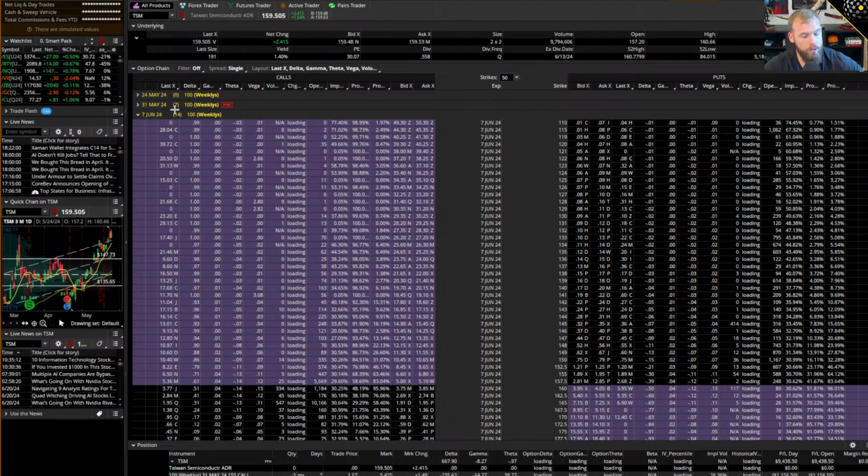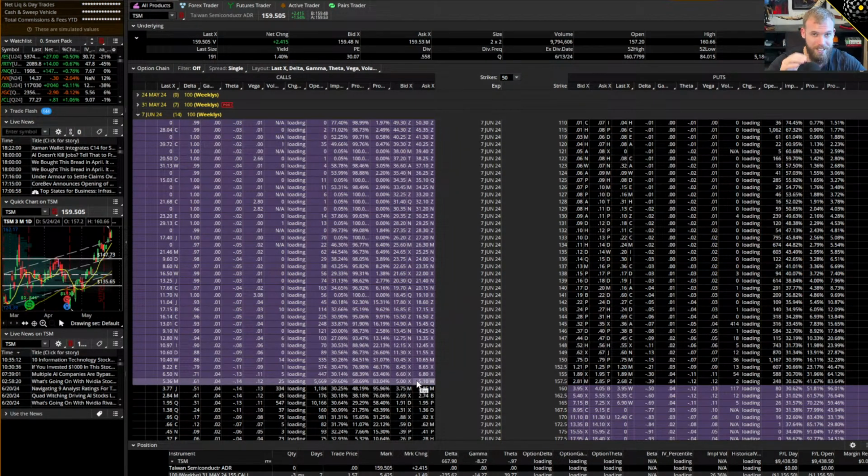So if I go out 1 week, from the 7 days to the 14 days, you can see that I can roll to the 155s, but I'm unable to roll up to the 157.5s and still get a credit. Now, again, the story goes really deep. I don't want to confuse people too early, but there's always nuances to this.